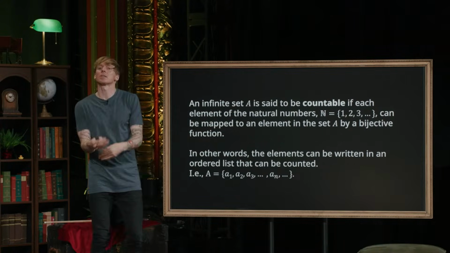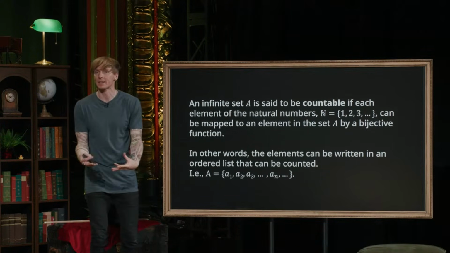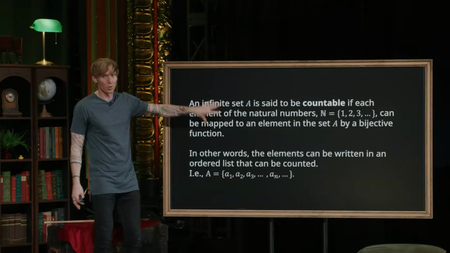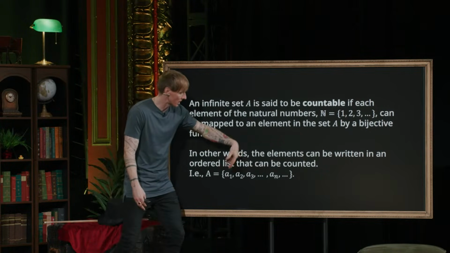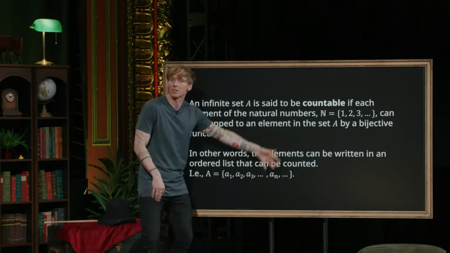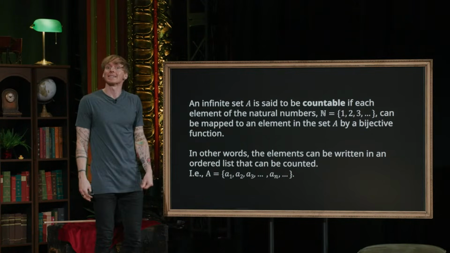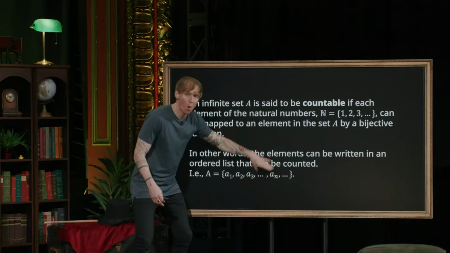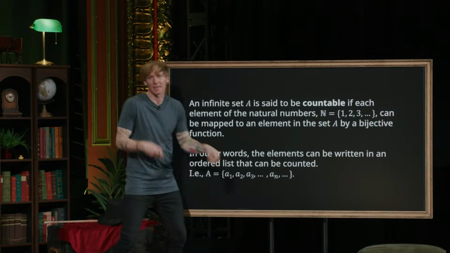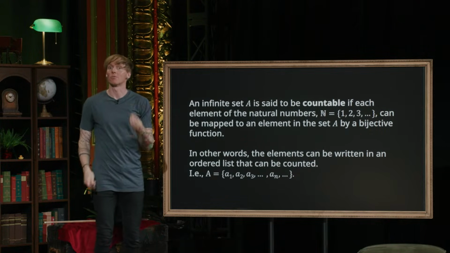That just means there's some kind of rule to that list which is going to be constructed through our function. So for example, A could be A1, A2, A3, dot dot dot, up to AN, and then we continue, because of course it is an infinite set. But we would be able to work out what the nth position is. There is a rule to it, it's not random.